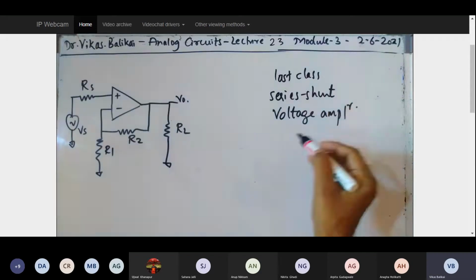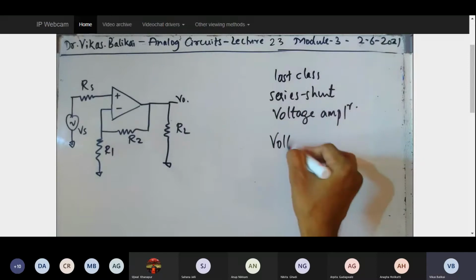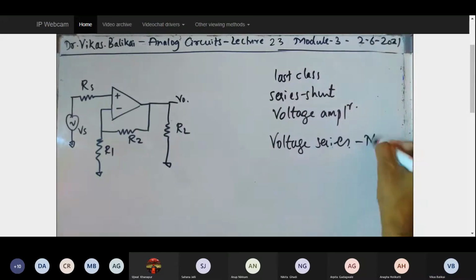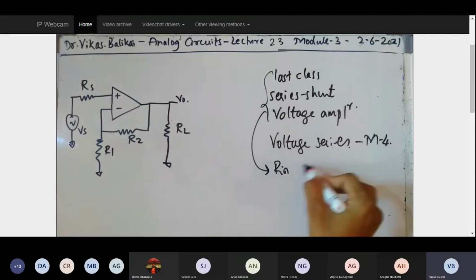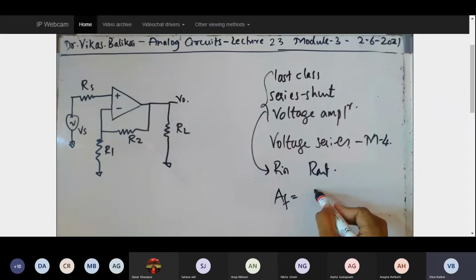This is the same amplifier that we have learned as the voltage series feedback amplifier in module number 4, and we understood its R in and its R out. The gain with feedback remains the same for all configurations, that is AF is equal to A divided by 1 plus A beta. We are not going to derive this once again.